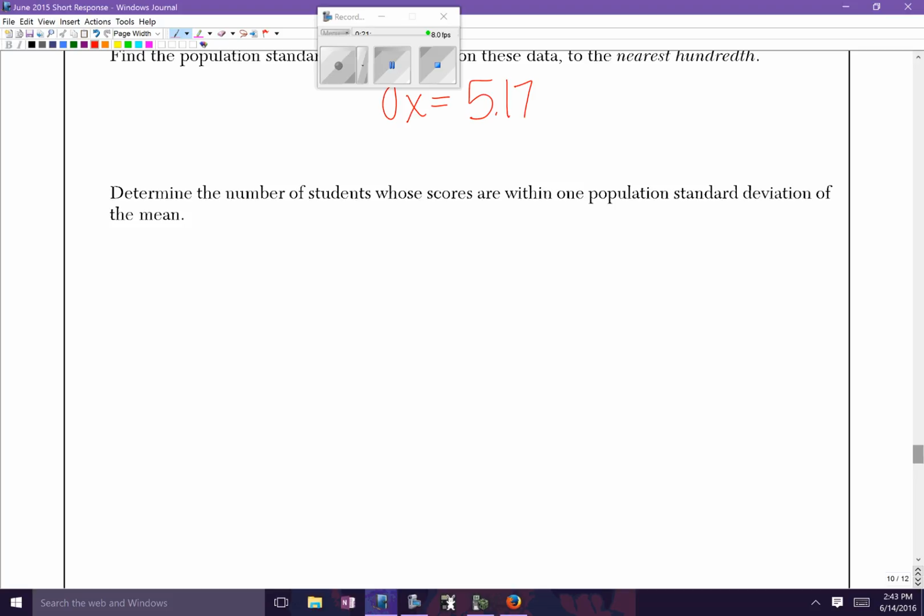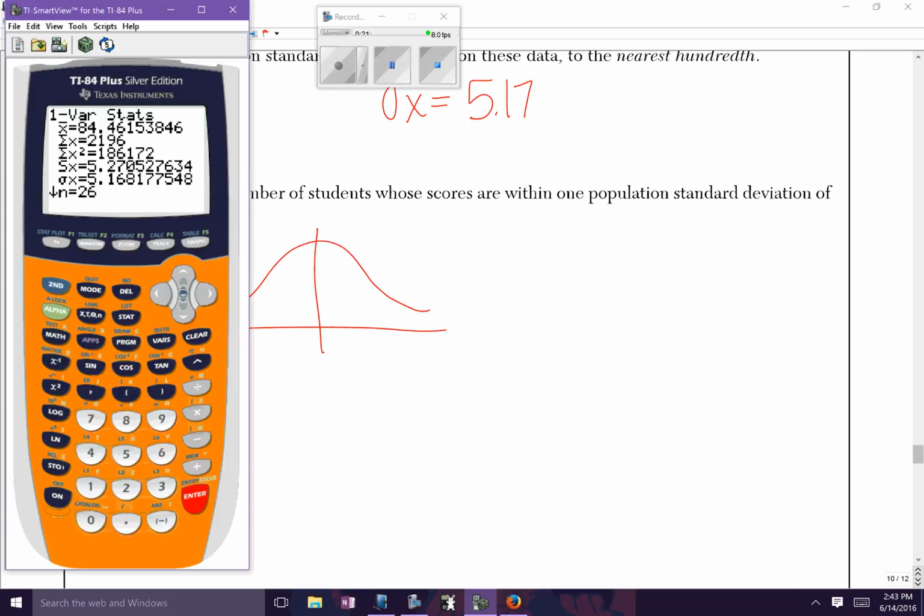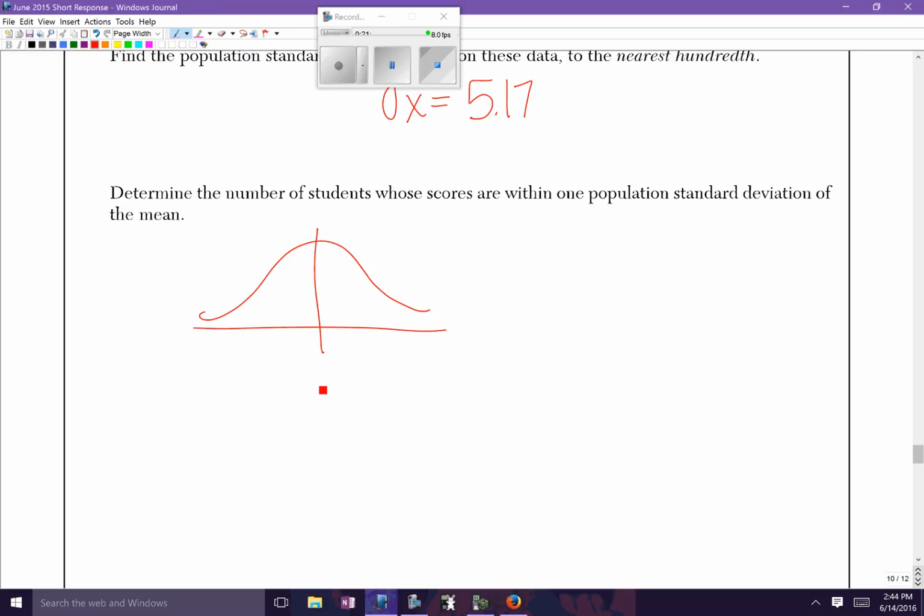Determine the number of students whose scores are within one population standard deviation of the mean. So we're going to go back to our calculator. The mean was 84.46. So I'm going to write that number right there. And we want one standard deviation below and one standard deviation above.